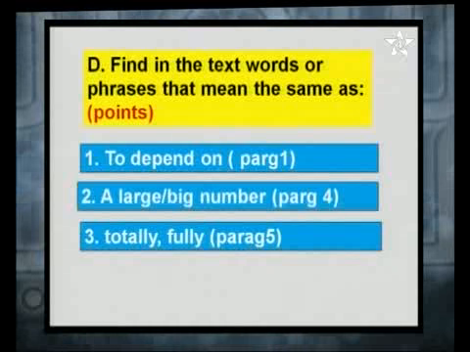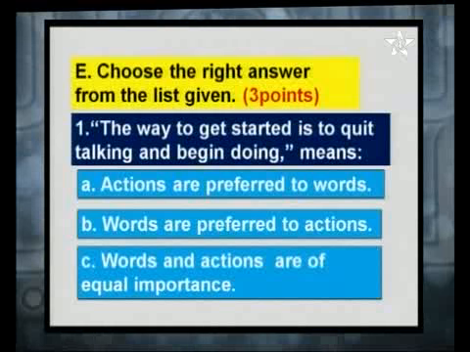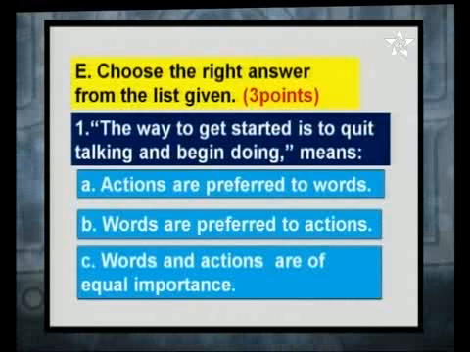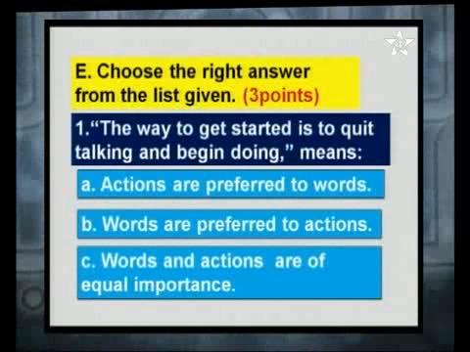Never mind, we're going to come back to this exercise when we do focused reading. And this is question E. It says, choose the right answer from the list given. Same thing, 3 points. That's 5 types of questions, and for each type we've got 3 points. As I told you, comprehension takes 15 points of the exam paper.